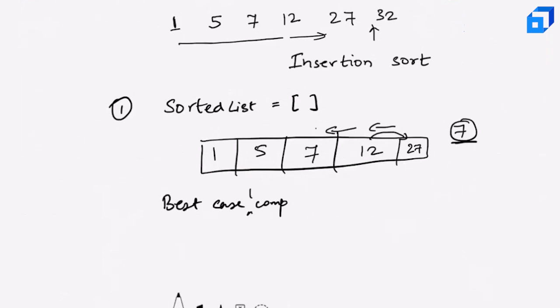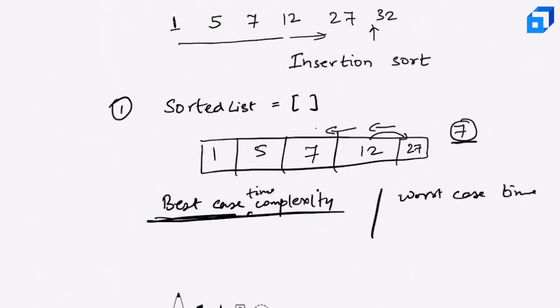Best case time complexity here. And what is worst case time complexity here? Best case for sorting: order 1 would be the time complexity of inserting a new element, best case, right? Let's say the new element that we are inserting in this array is 32.